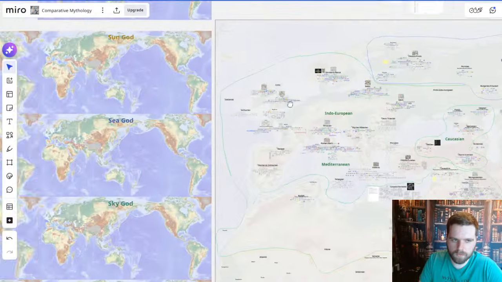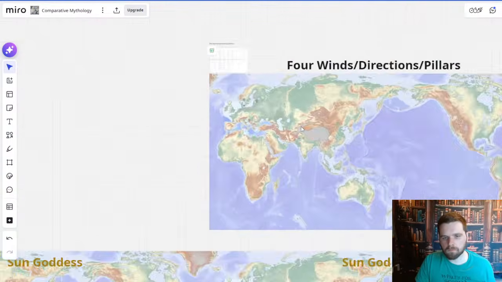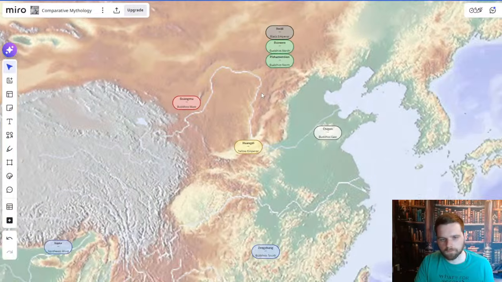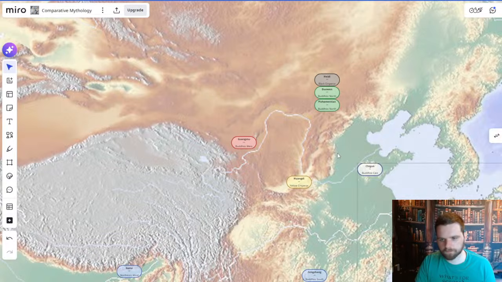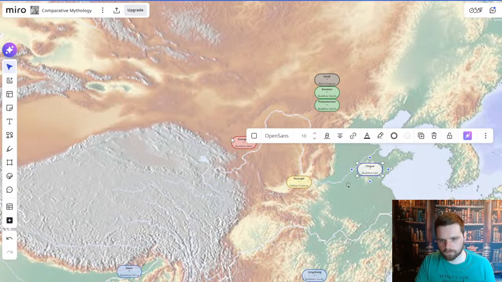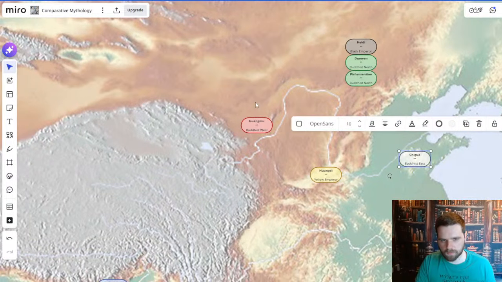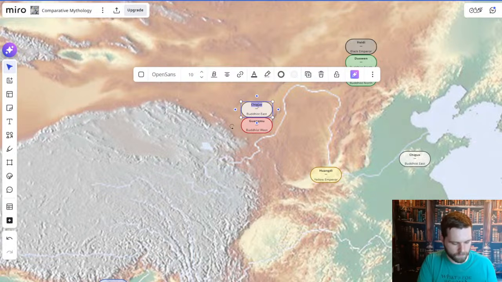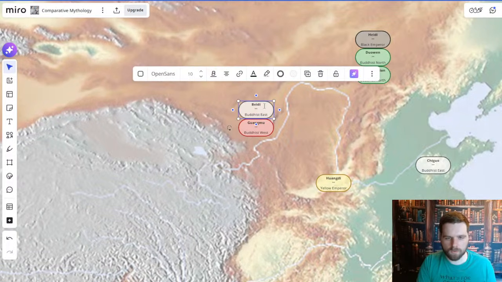Now let's actually put them down. Okay. So, like I said, east is not white in the Chinese system. Actually, west is white. And that's Baidi, also called Dijun.